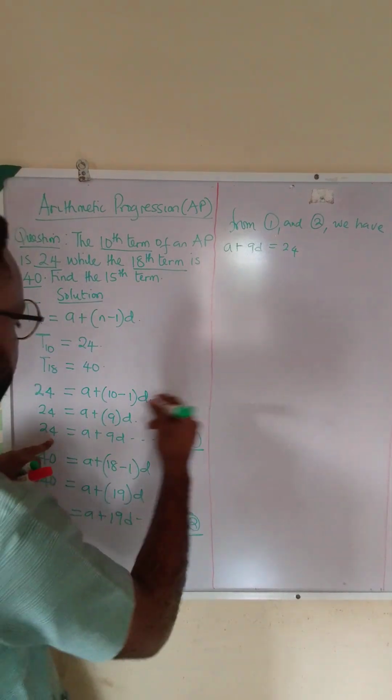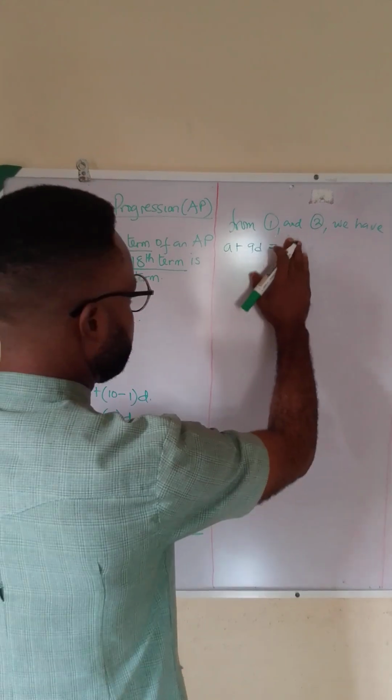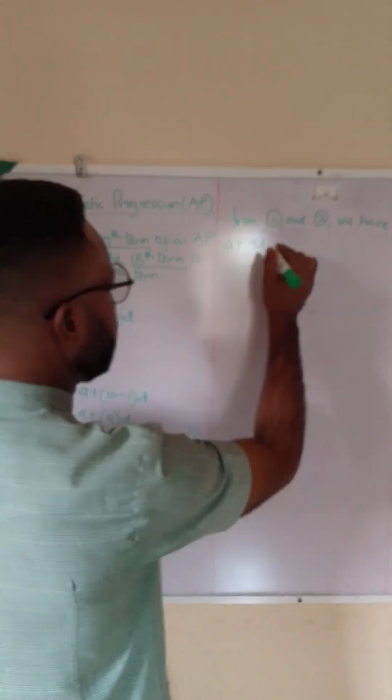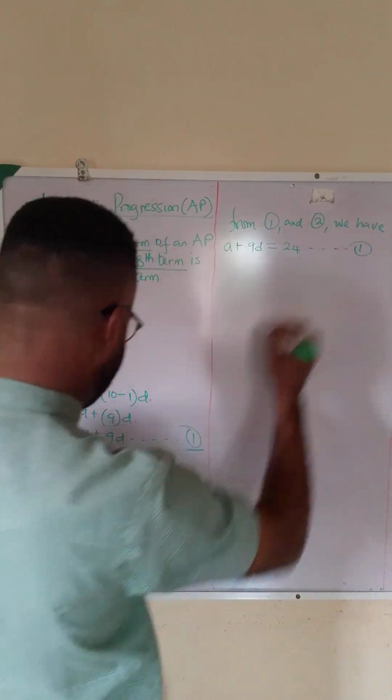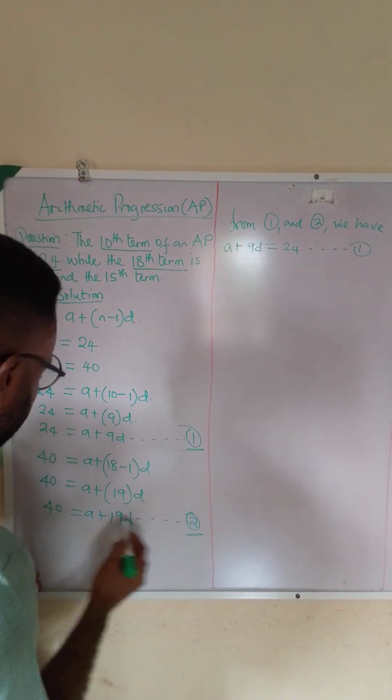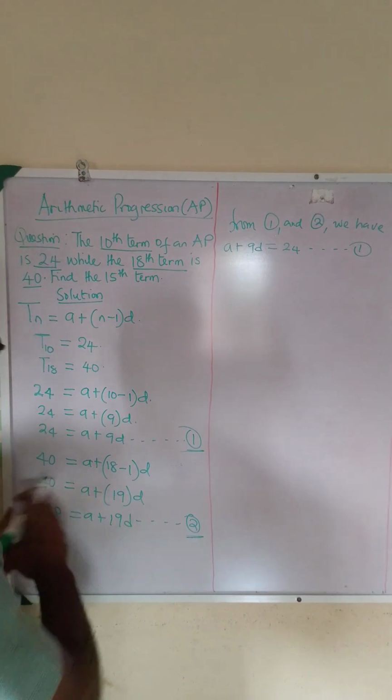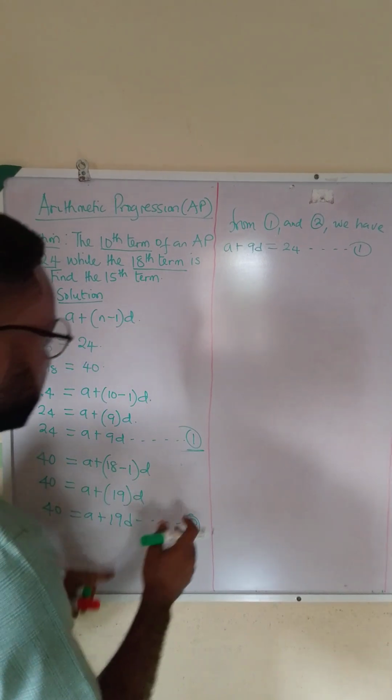It's the same thing. For the purpose of convenience, I moved A plus 9D to this side and 24 to the other side. This is our equation 1. And then this is equation 2. For convenience, I'll move this to this side and 40 to the right hand side.